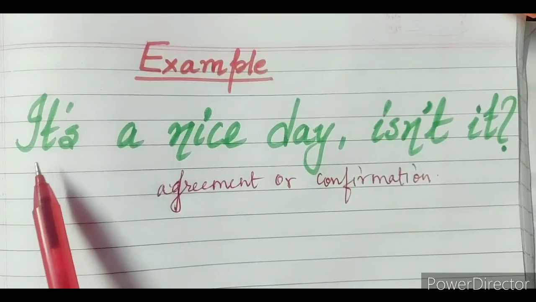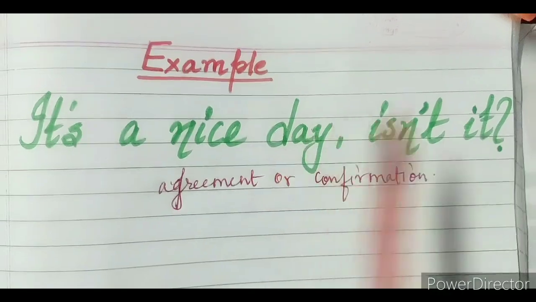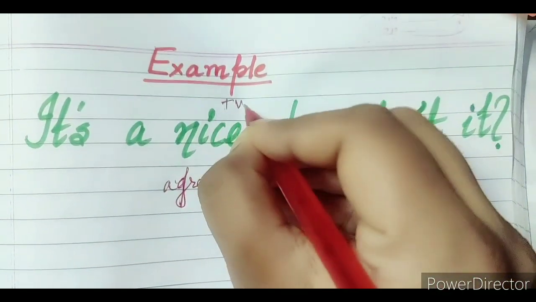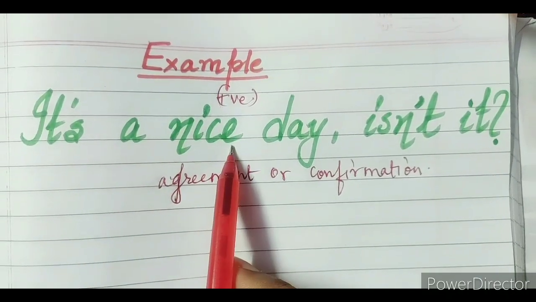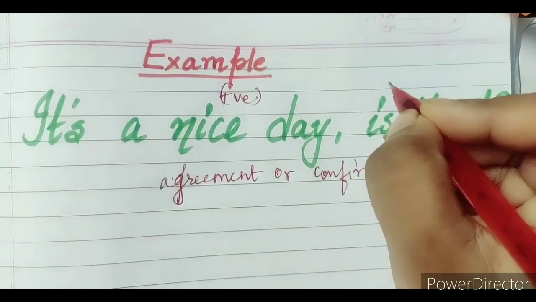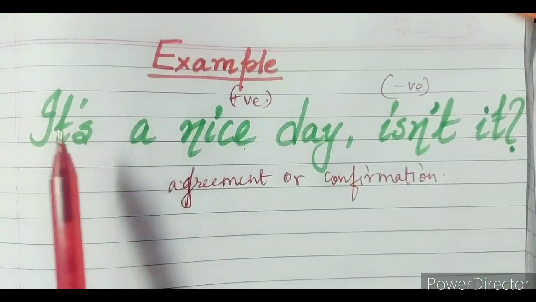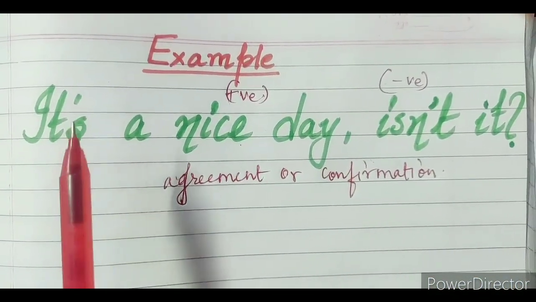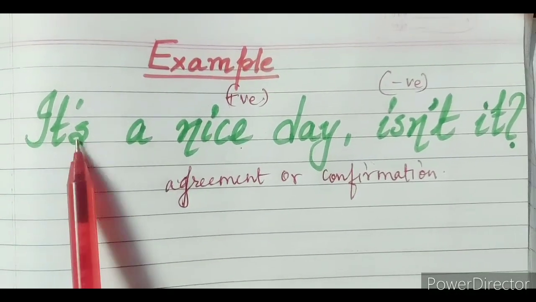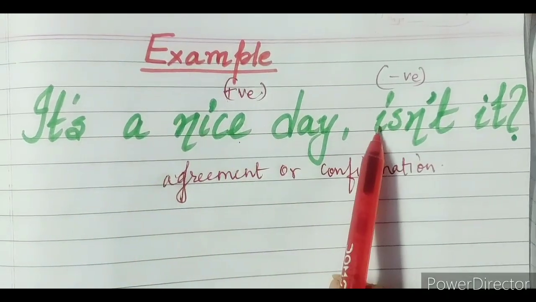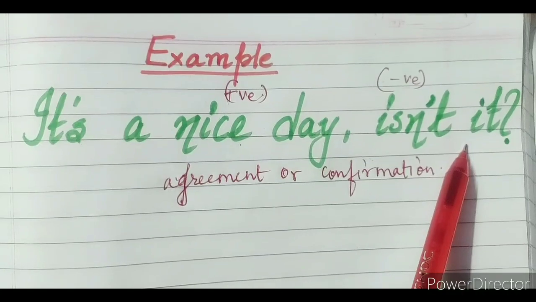Now again, if you see our statement over here, it is in positive sense. It is positive because we are not using no or not over here, right? So obviously our question tag will be negative. Understood? And since we have used the auxiliary verb is over here, we are going to use the auxiliary verb is along with not to frame our question tag.